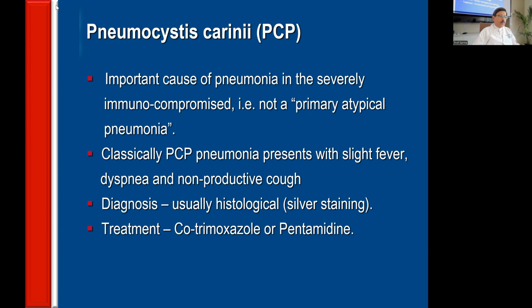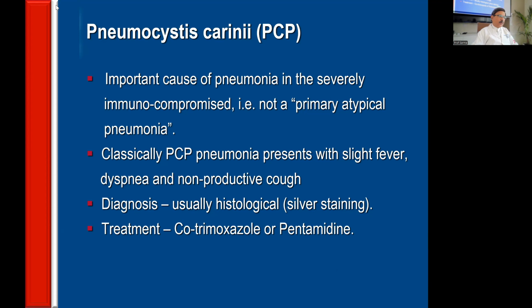Classically, PCP pneumonia presents with mild fever and dyspnea, non-productive cough. Diagnosis is usually histological, using silver staining of the sputum. Treatment is not any one of these; it responds only to pentamidine or cotrimoxazole.